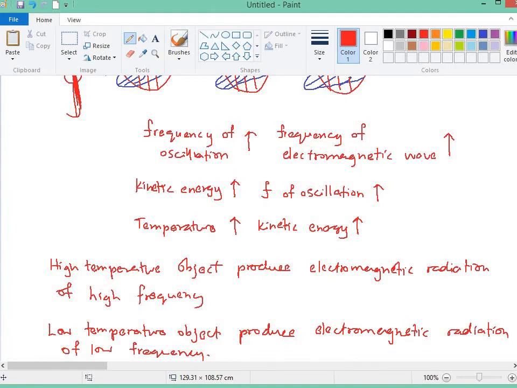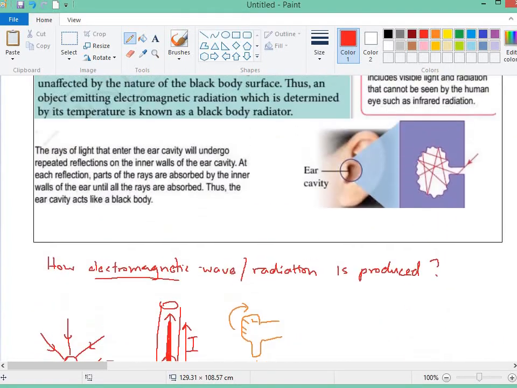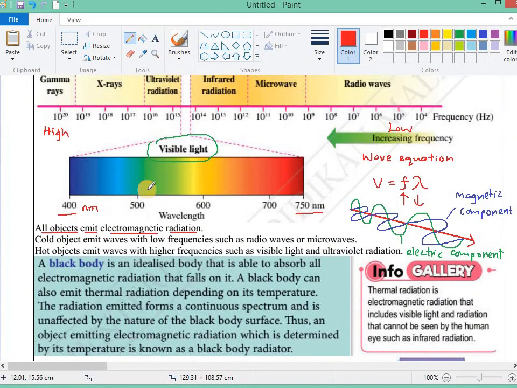Okay, so same as what is stated here. It says cold objects emit waves with low frequency such as radio wave or microwave. Hot objects emit waves with higher frequency such as visible light and ultraviolet radiation.